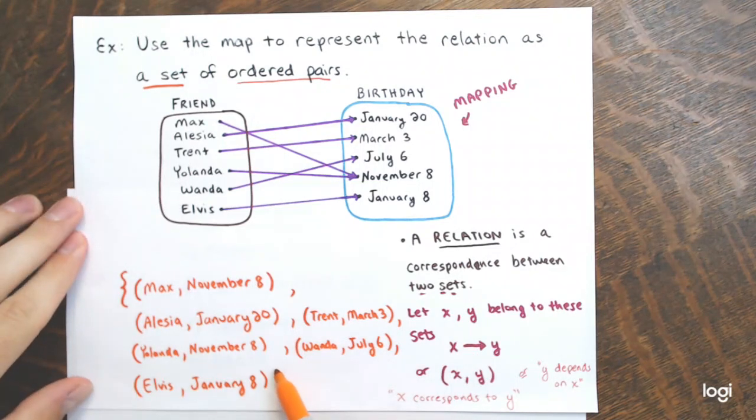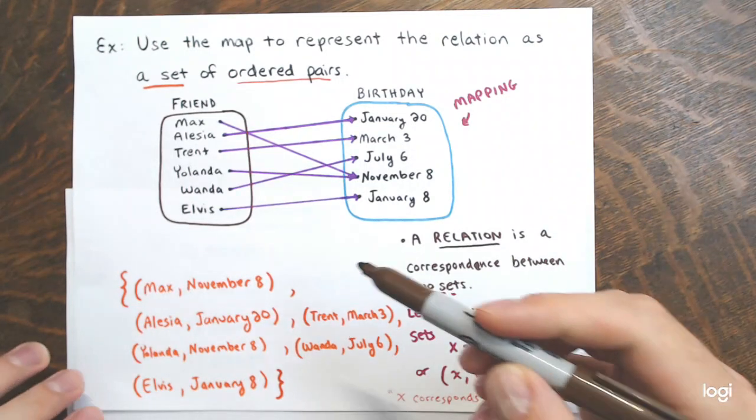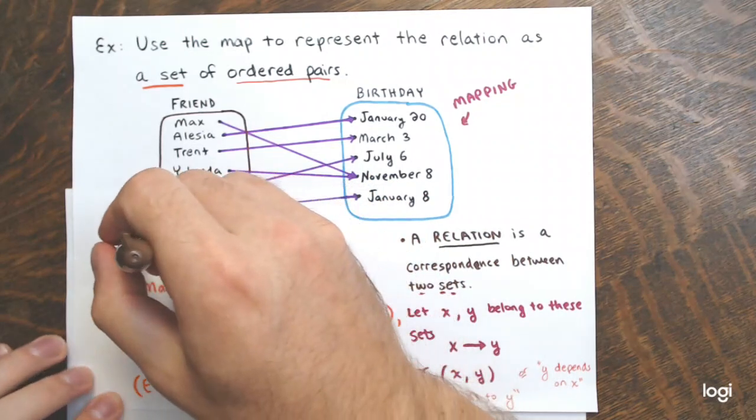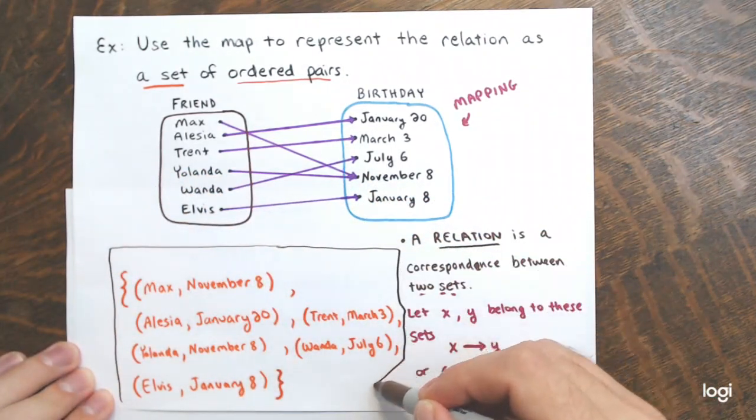So I've completed the set, and then I'll close with the curly braces, a little backwards S and then a regular S. Practice those. Impress your professor. And then there we have it. That's all I was asked for, what I put in the little box here.